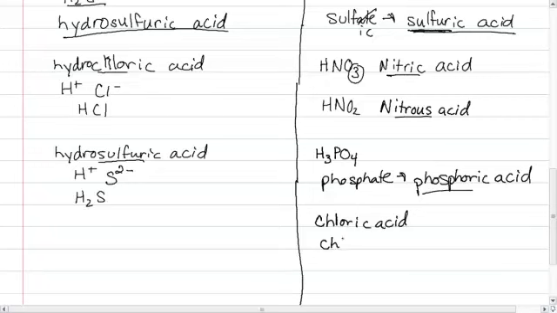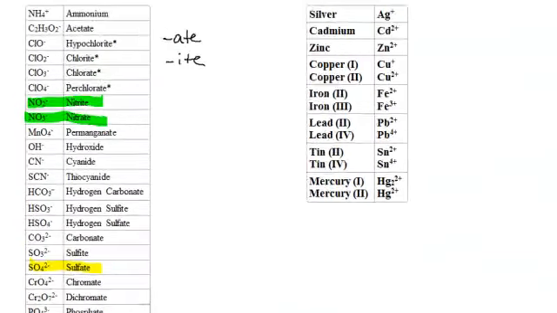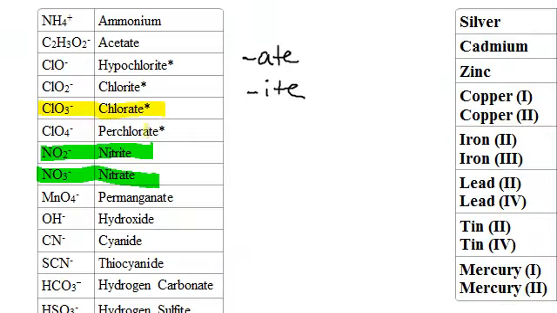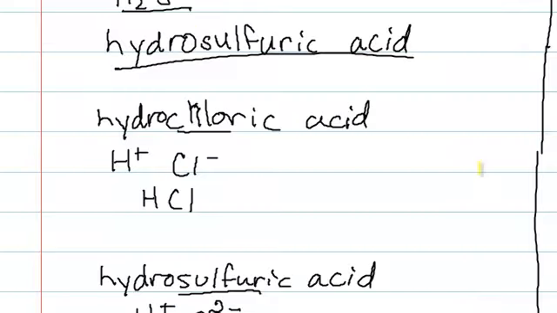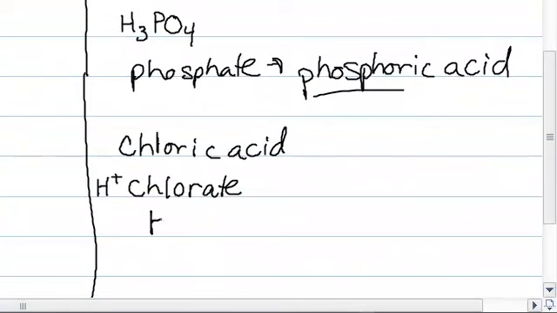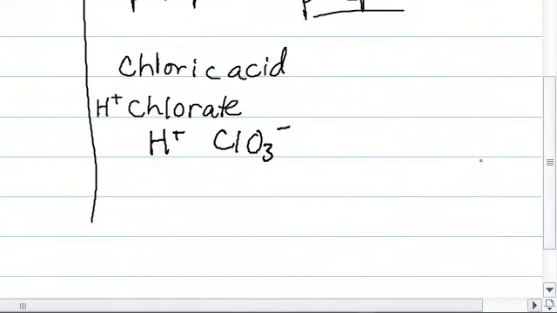So we're looking for the chlorate ion mixed with acid, which means there's an H plus in the chlorate ion. So we look up chlorate. Chlorate is ClO3 minus. So we have H plus and ClO3 minus, O3 with a -1 charge. Cross that and we get HClO3.